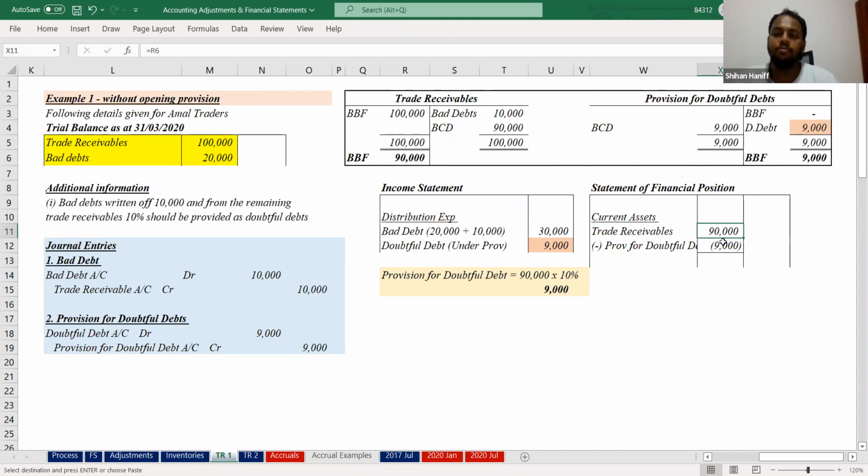Trade receivables 90,000, doubtful debt 9,000. Net amount is 81,000.